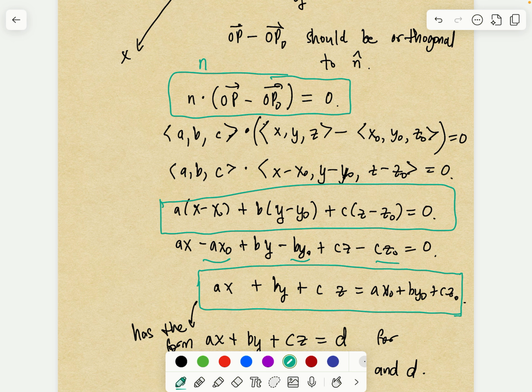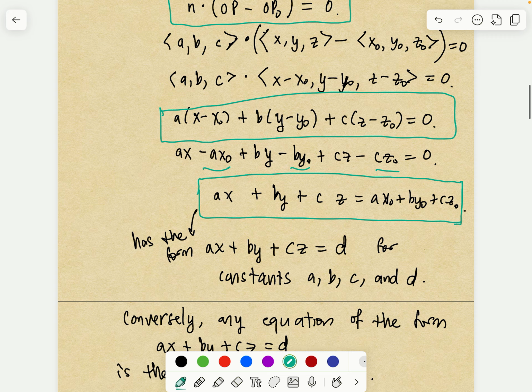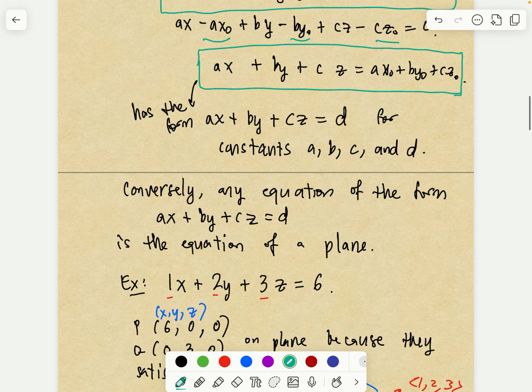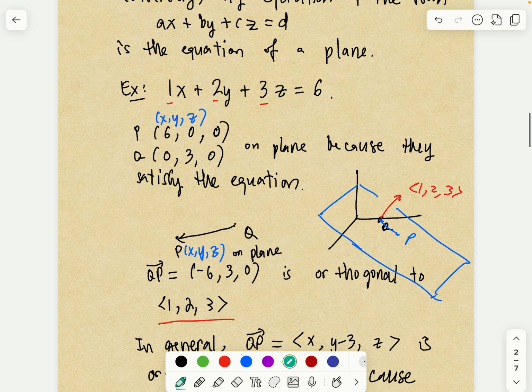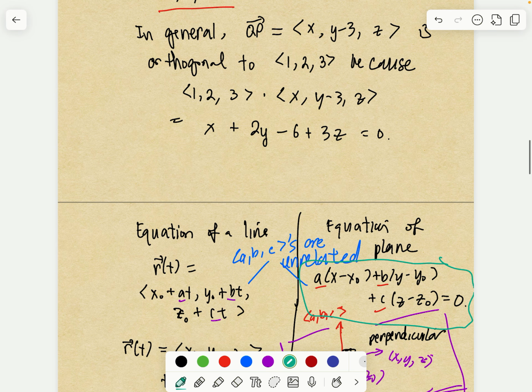I use this hat for the normalized unit normal vector. So if you have n dot p naught p, you should get 0. That's the key thing. And when you write it out in terms of coordinates, you get this equation for the plane. And whenever you have something of the form ax plus by plus cz equals d, the set of points x, y, z that satisfies it is going to be a plane. And we did an example of this.